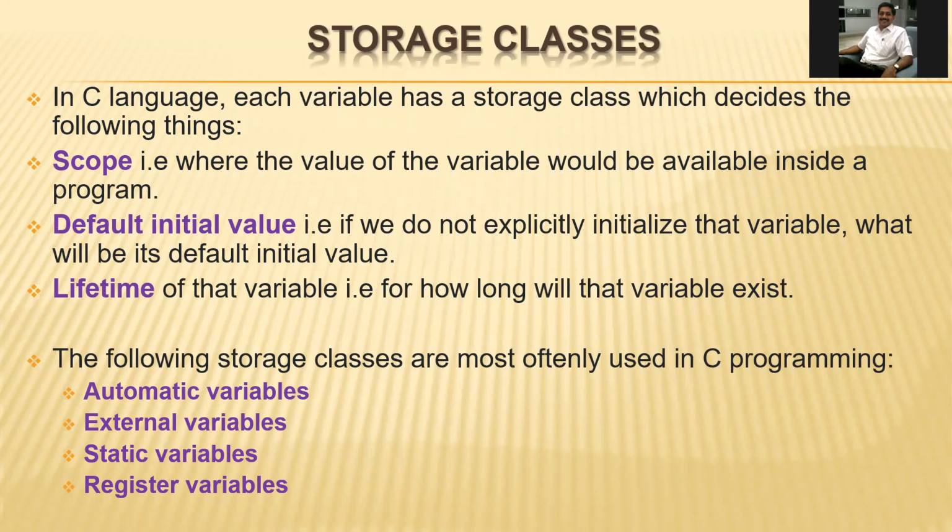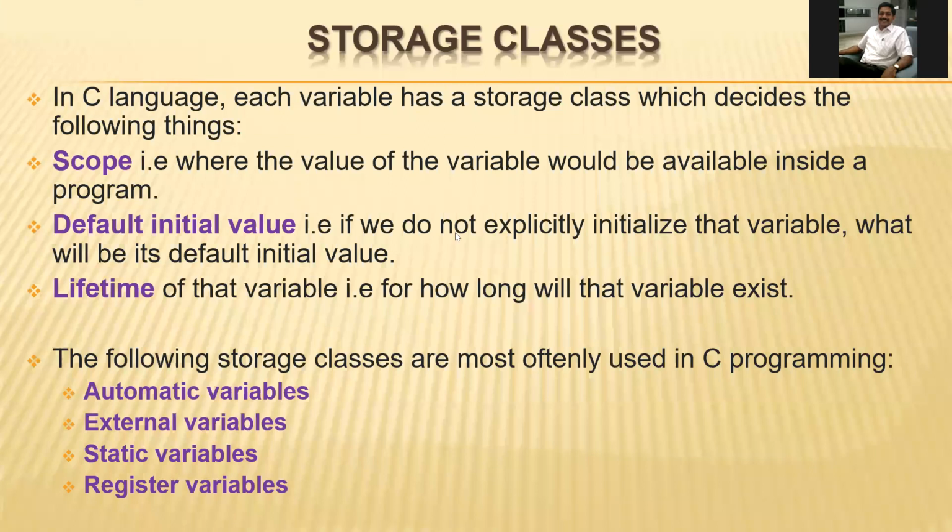So that will be its scope. What is the scope of any variable? That is, for that particular program we can use that variable, or for any other program that can be used. That is its scope. What is the next? We have to initialize some value.